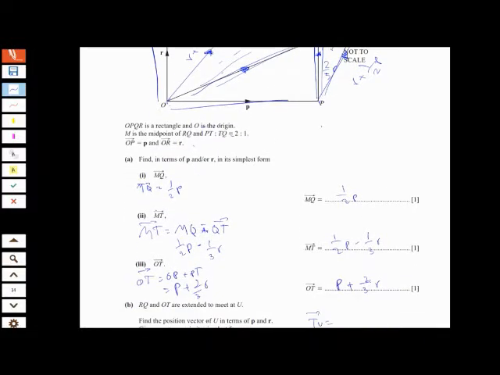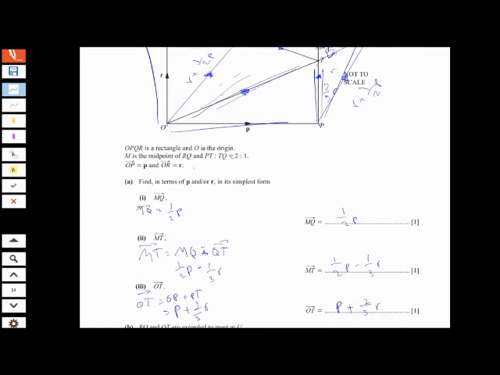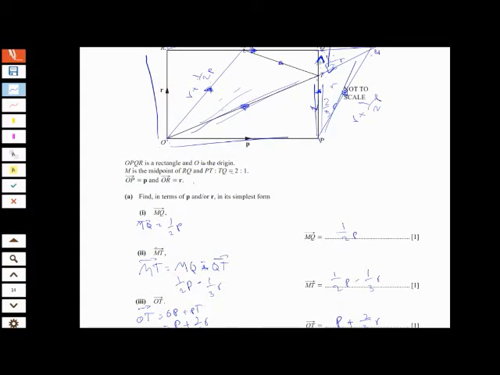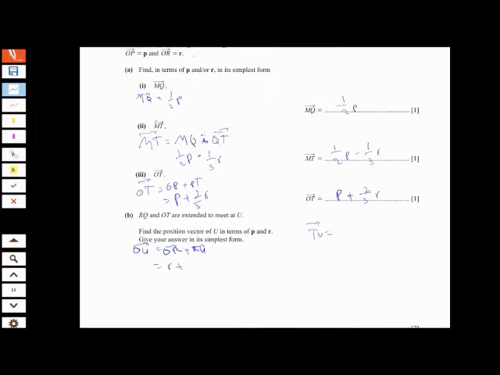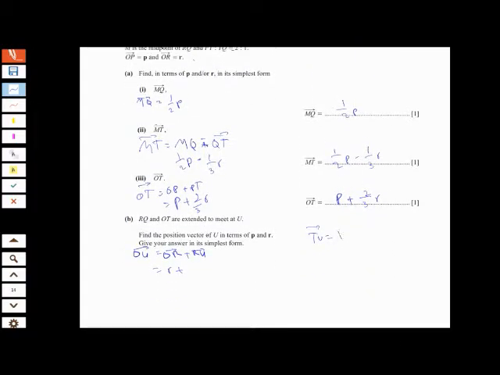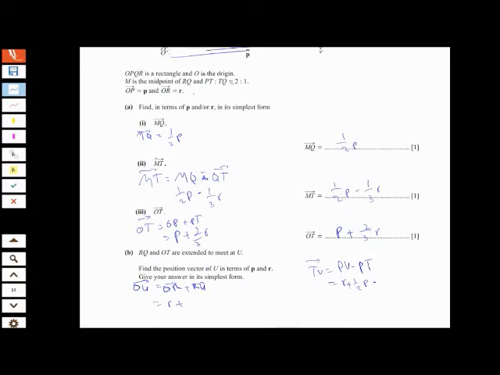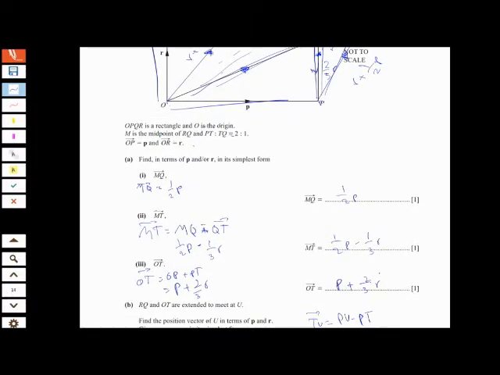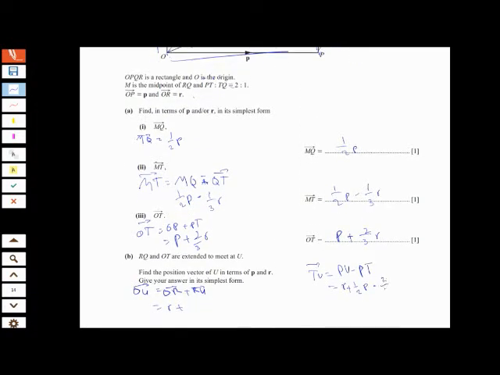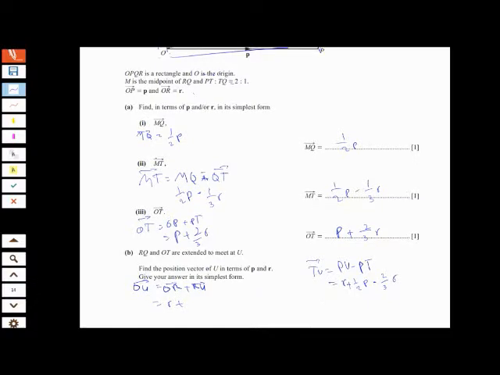But notice that we're going in the opposite direction of the line. That means it's going to be negative. So let's start with the positive PU minus PT. PU, we just found it, it's R plus half P, minus PT, it's negative 2 over 3R. Okay, and now simplify that.